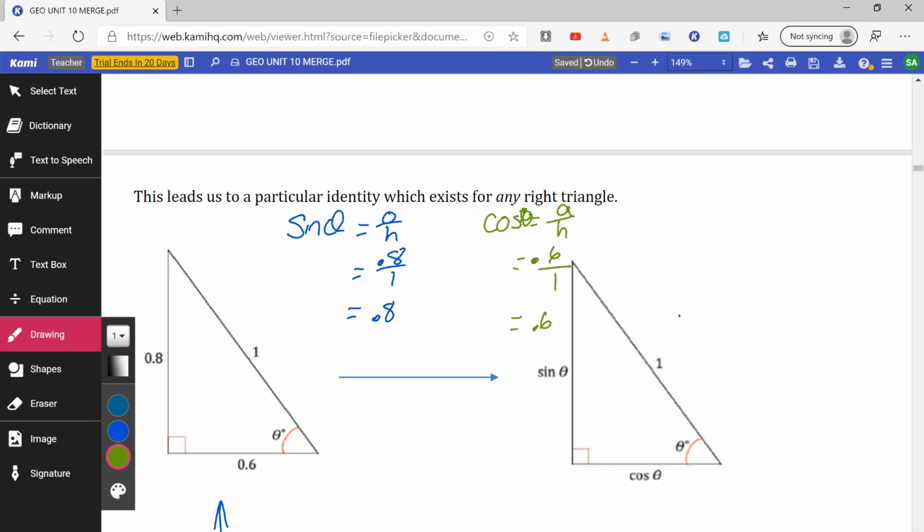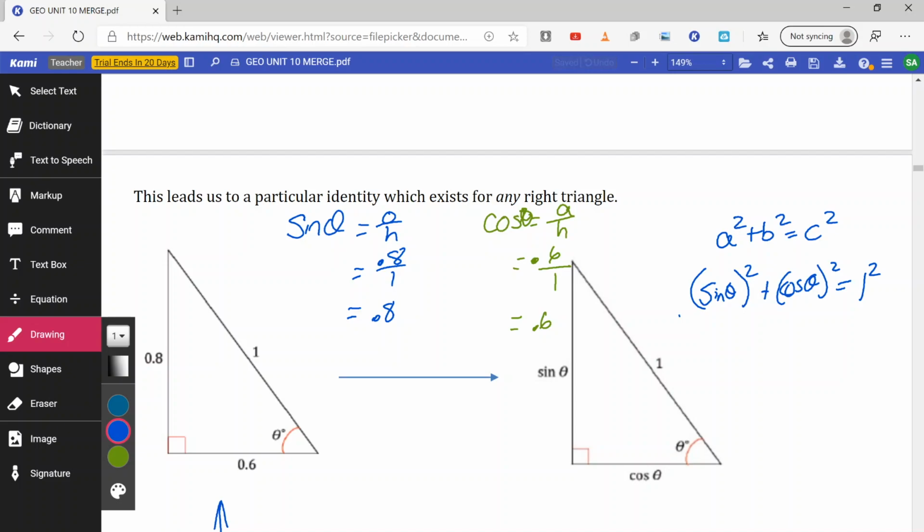Now if we think about the Pythagorean theorem, a squared plus b squared gives me c squared, I can apply it here as well. So square the two short sides. The short sides are sine and cosine, so we can square sine of theta, and I can square cosine of theta, and my hypotenuse being 1, I can square.